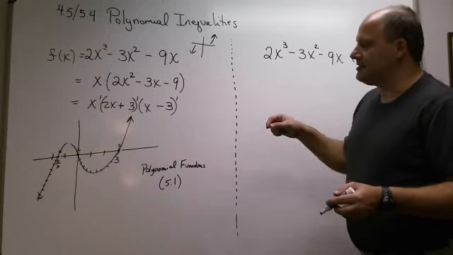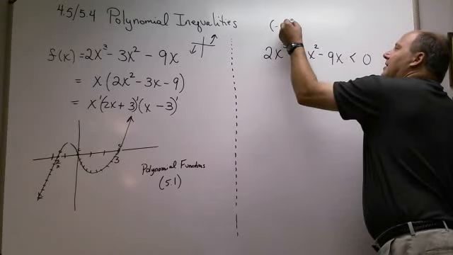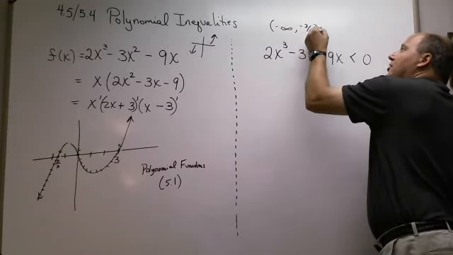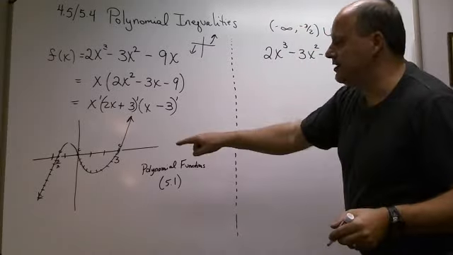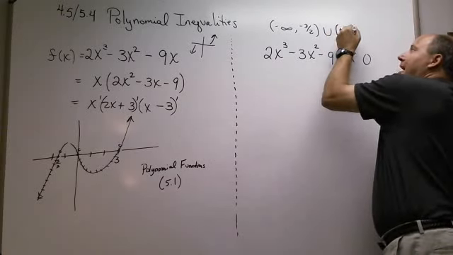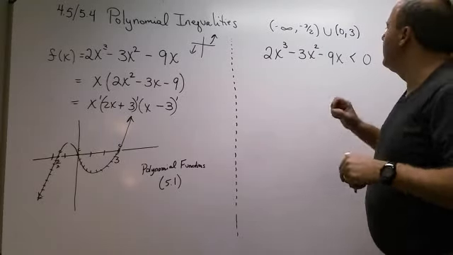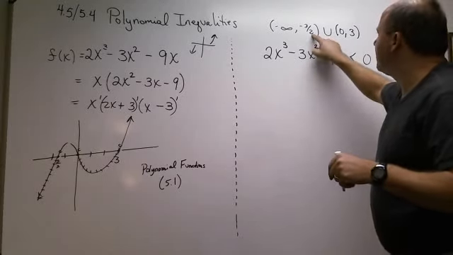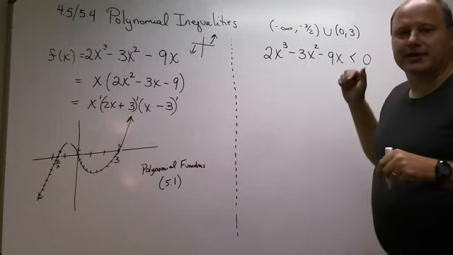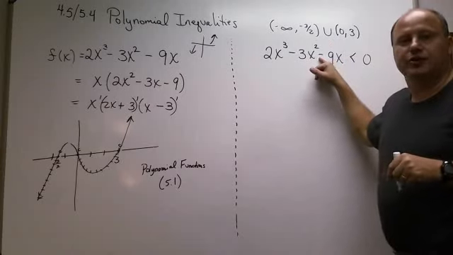It's less than 0 on the left side of negative 3/2, so it's negative infinity to negative 3/2, union between 0 and 3. It's also below. And notice on this problem there are no brackets because it's exclusive. There's no less than or equal to. So if it was less than or equal to, the negative 3/2 and the 0 and the 3 would all have brackets on them. So this is what the solution should be.